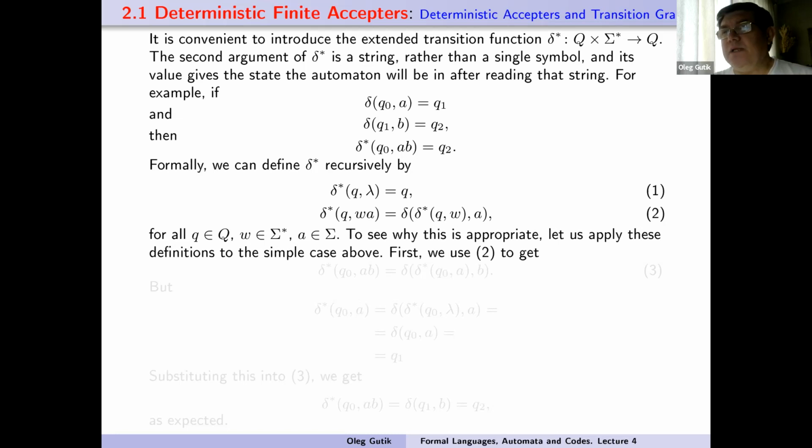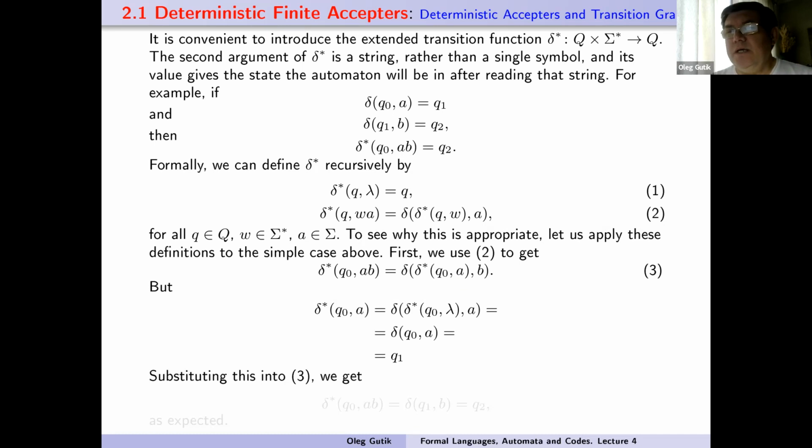First, we use formula 2 to get that delta star of Q0, AB is equal to delta of delta star of Q0, A, and B. But delta star of Q0, A is equal to delta of delta star of Q0, lambda, A, which is equal to delta of Q0, A, which is equal to Q1.